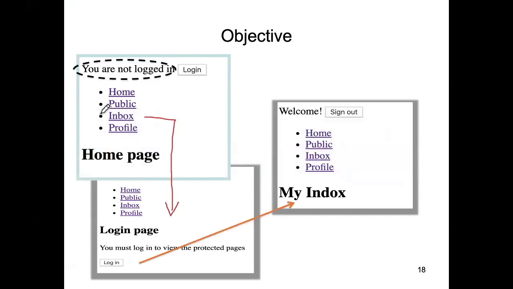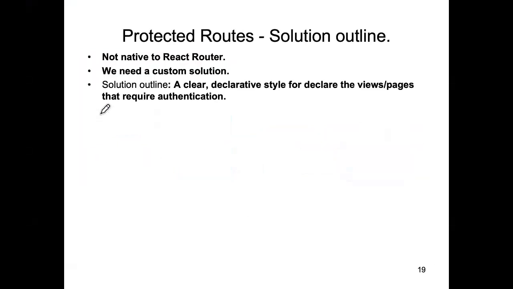So how do I implement all of this? Essentially what I want to implement is this notion of protected or private routes within my routing configuration. The React Router library, as it turns out, doesn't provide a solution for us, so we have to come up with our own custom solution.